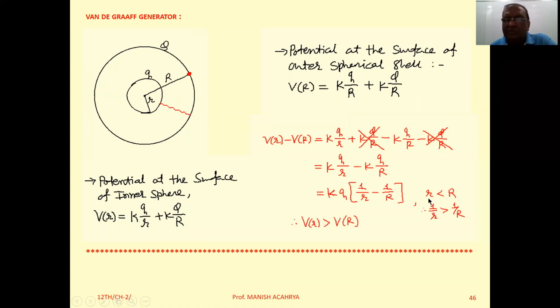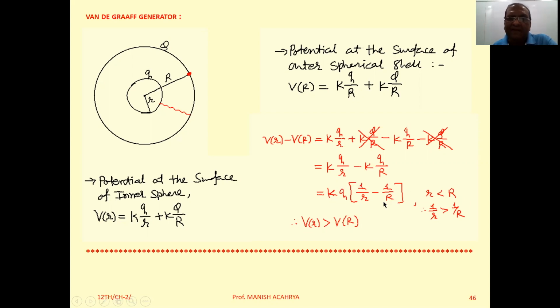But here small r is less than capital R, therefore 1 upon small r is greater than 1 upon capital R. It implies that the right hand side will be positive.